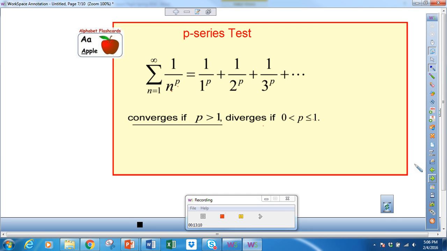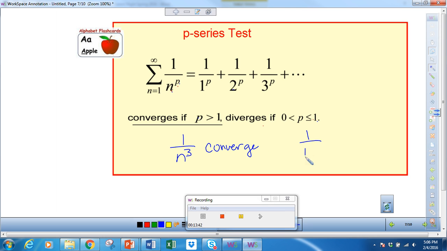Okay, last thing that we have to cover are p-series. P-series should be relatively easy because we talked about this the last time. In a p-series, if we have a variable raised to an exponent, that is considered a p-series. This will converge if p is greater than 1 and diverge if p is between 0 and 1. So 1 over n cubed, because p is 3 here, would converge.